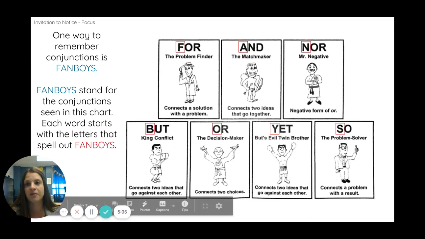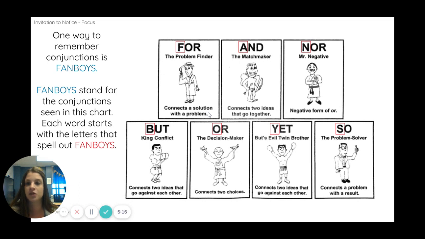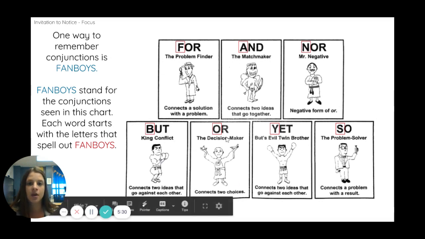One way to remember fanboys is that each of those first letters stand for a different conjunction. So we have for, which connects a problem with a solution, or a solution with a problem. And connects two ideas together. Nor is a negative form of or. But connects two ideas that go against each other.